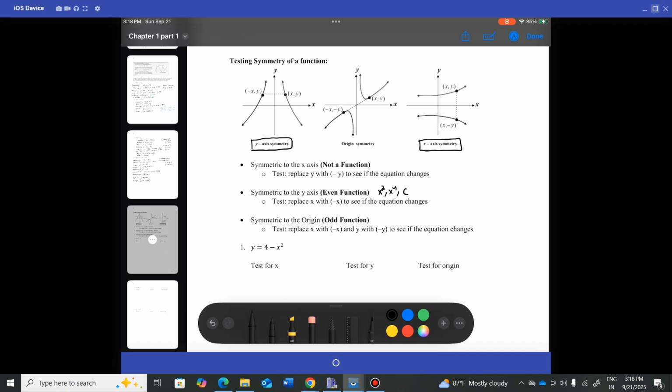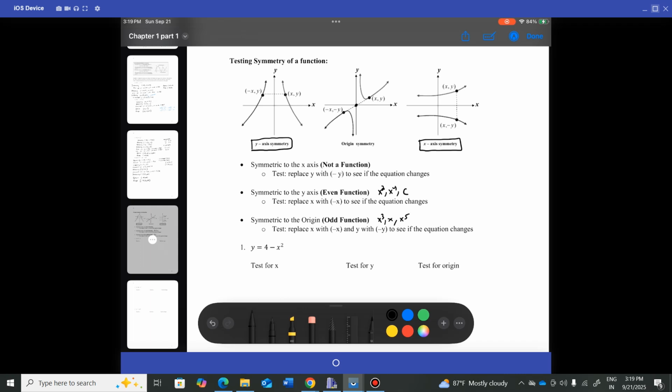And then the middle one, the odd functions, these are symmetrical to the origin, and these happen when x is being cubed, or just regular x, or x to the fifth when it comes to polynomials. Plus the odd functions can happen, I've seen, with rational functions.